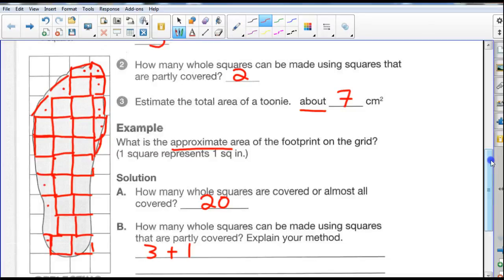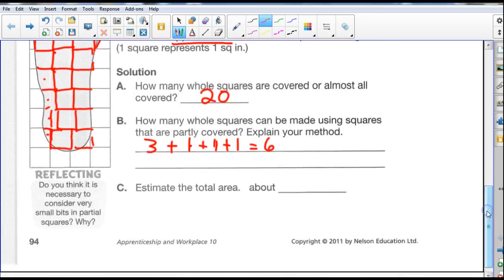Those 2 right there will probably give us another one. Okay, so you see how we kind of do this? There's a little part right there. And that's probably about all we can get. Maybe we'll add one more. So we got 3, 4, 5, 6. So about 6 partial squares filled.